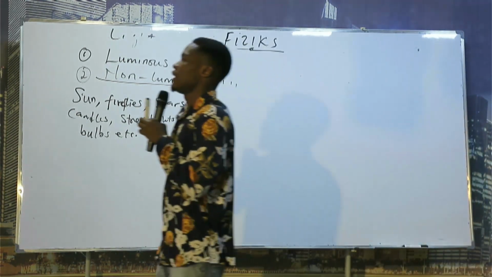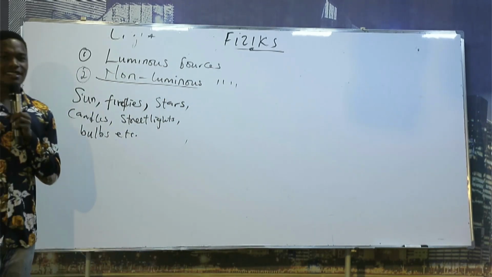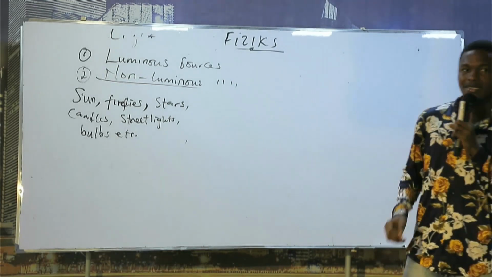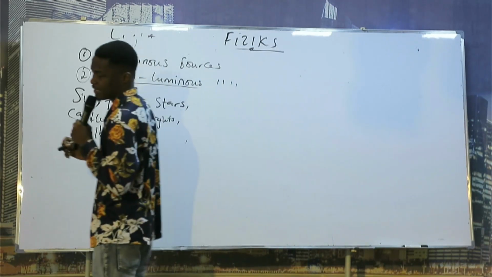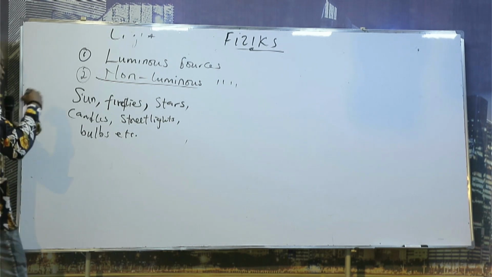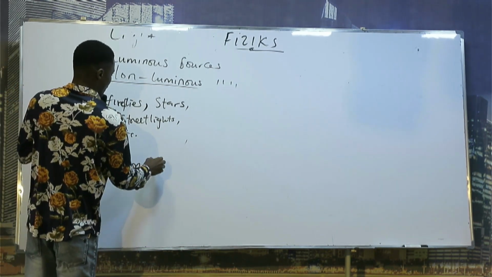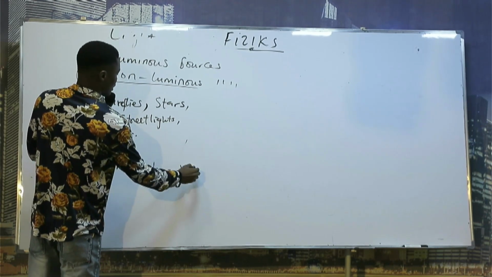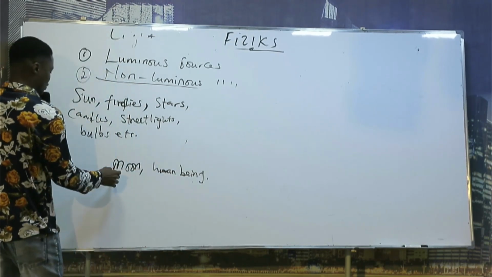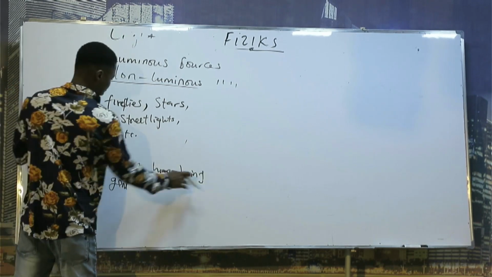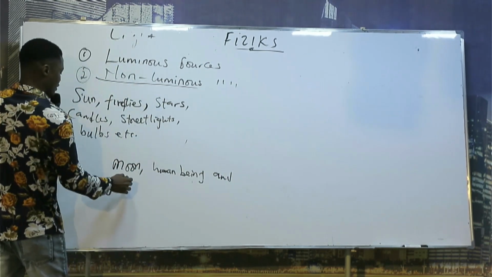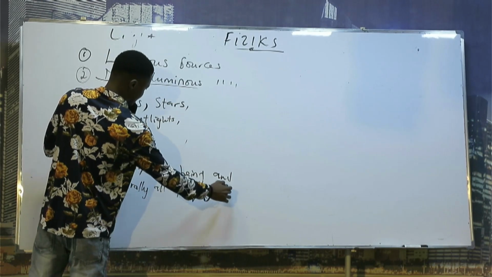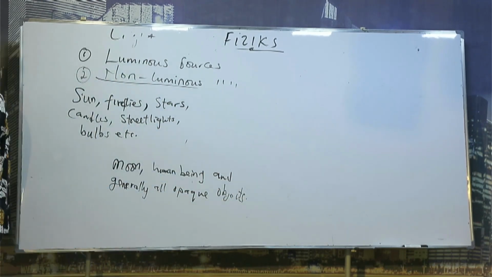Example: we have the moon, a human being, and generally all opaque objects.